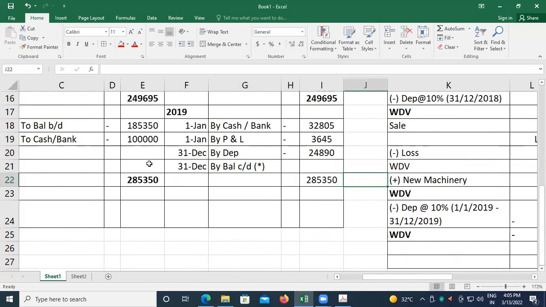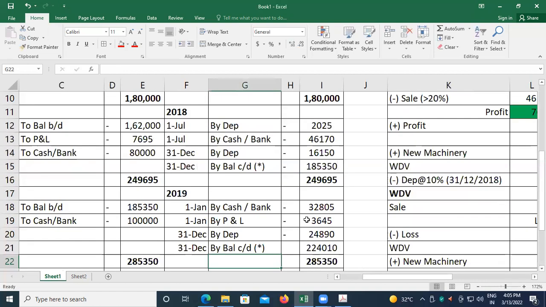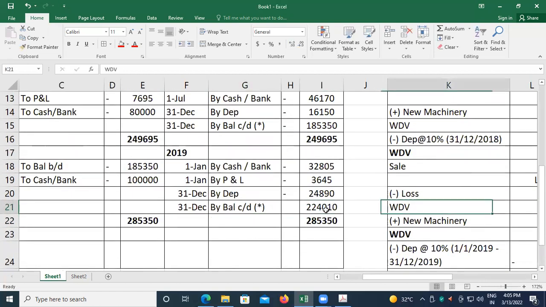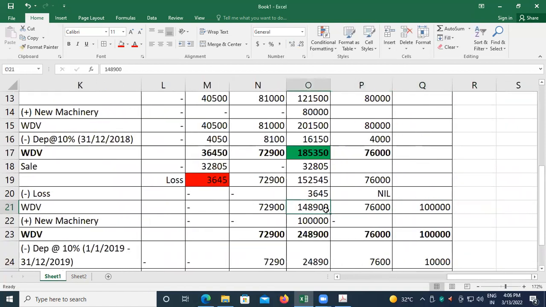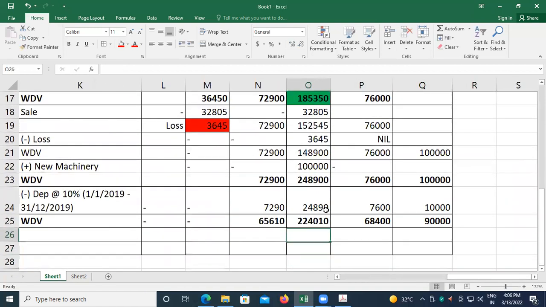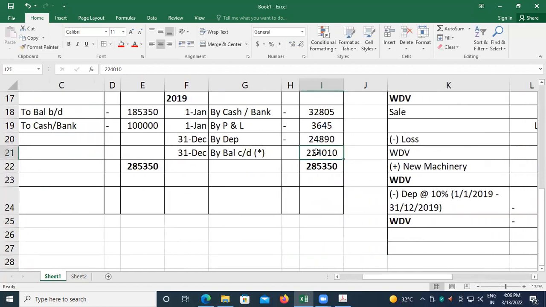So the debit side is highest, and if you calculate by balance brought down, it will come 2,24,010 rupees. So this is the closing balance and this is the closing balance. Both the totals should match, what you are getting in the working note and what you are getting in the ledger balance. So this is my final total.